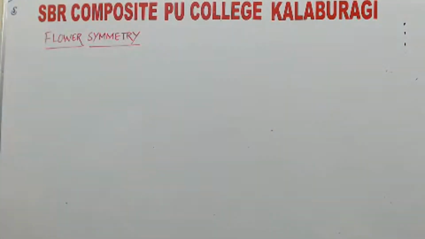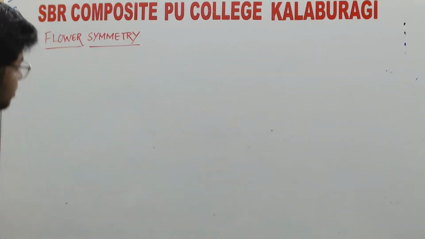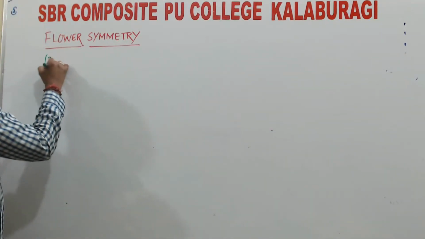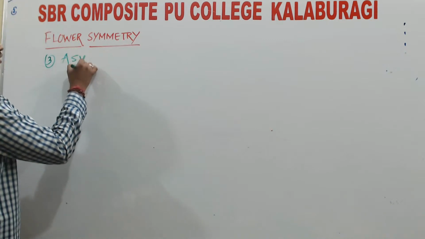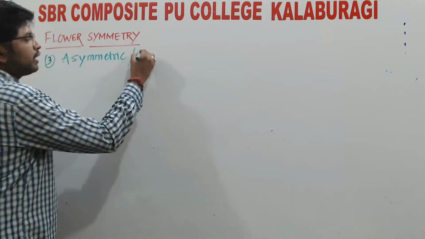The third symmetry is asymmetric or irregular.